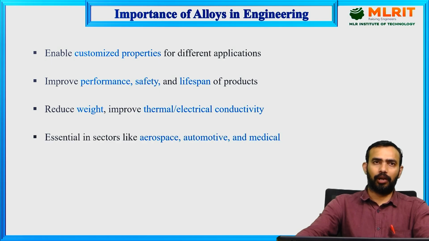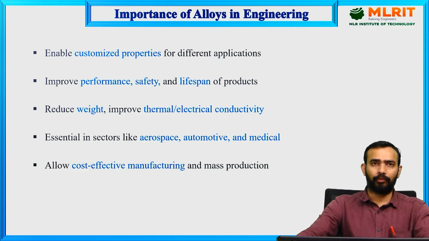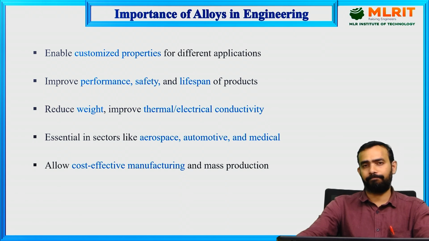These alloys are essential in sectors like aerospace, space applications, automotive industries and medical devices. So alloys allow cost-effective manufacturing, and mass production of the materials is also very much possible.